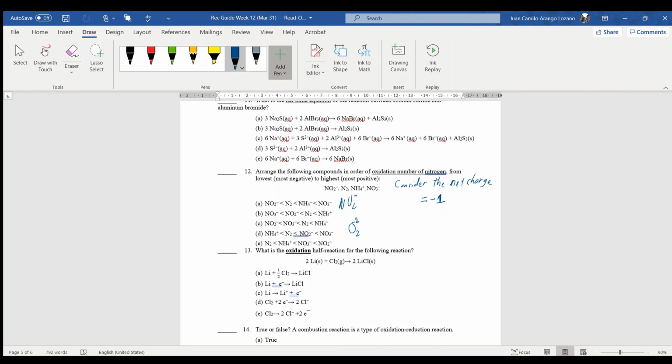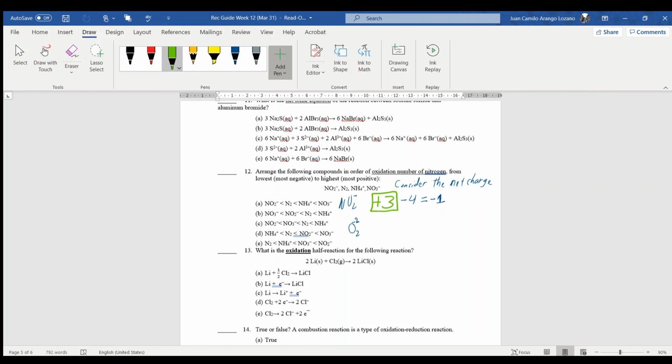If I have two oxygen atoms and I multiply 2 times -2, that equals -4. Therefore, what's going to be the oxidation state for nitrogen? Well, you need a number that in the end gets you to a -1 outcome. And in this case, it's quite obvious that that number has to be +3. So the oxidation state for nitrogen in NO2 -1 has to be +3.